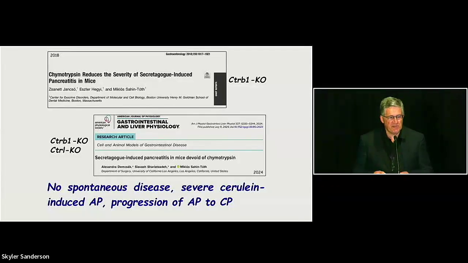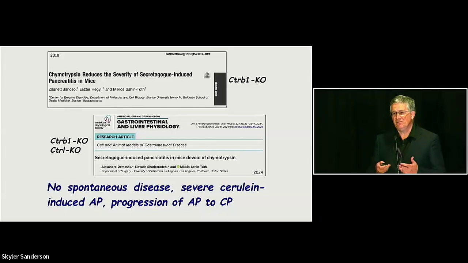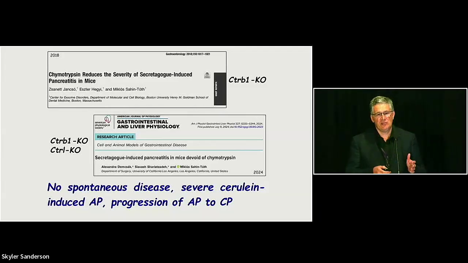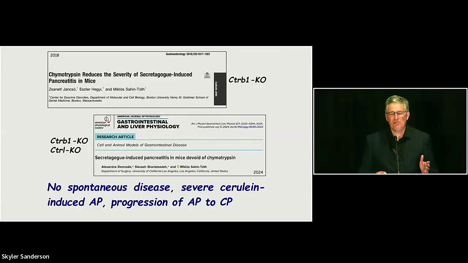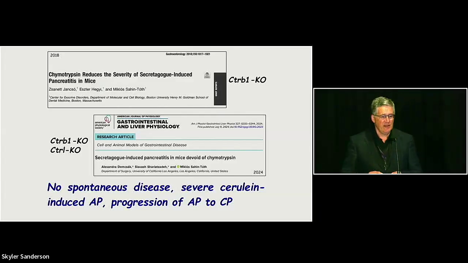What works in the mouse best is the chymotrypsin B knockout, or combined with the chymotrypsin-like protease knockout. And we published 2 papers on this. These have very robust phenotypes. And the very nice thing about them is that you're not manipulating the trypsin locus. You're manipulating a completely different chromosome. And even though there's no spontaneous disease, these develop very severe cerulein-induced acute pancreatitis, and they progress readily to chronic pancreatitis.